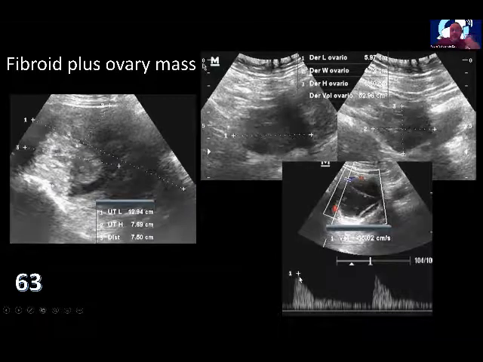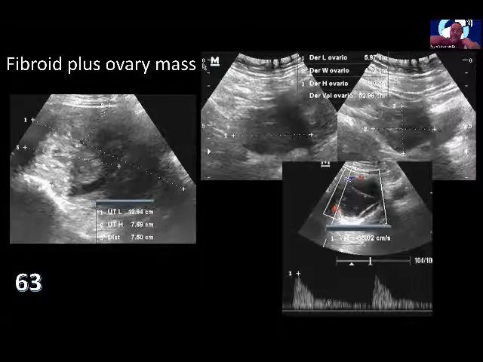This is not that low resistance. See, the faster speed is very different than the lower, but it doesn't have a negative component of a normal pelvic blood vessel.